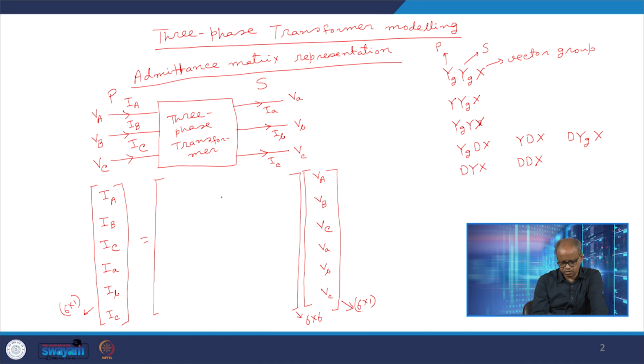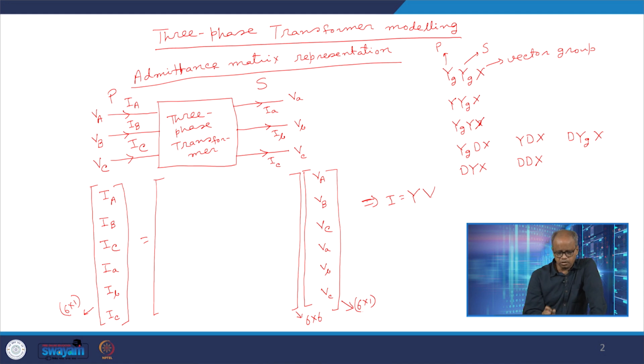Now, this relationship is basically in the form of I equals YV, where I is the vector of currents and V is the vector of voltages. Therefore, this matrix will denote some kind of admittance matrix.